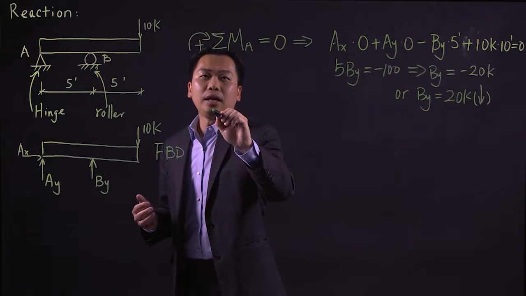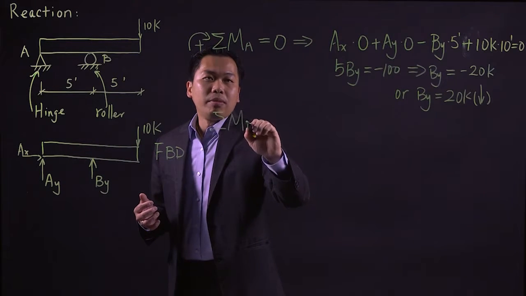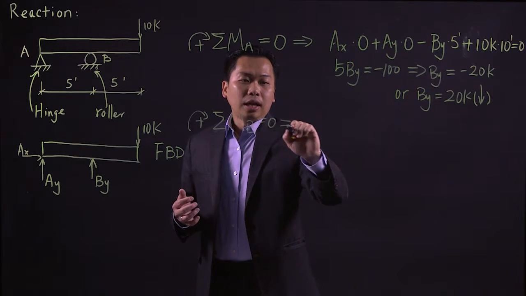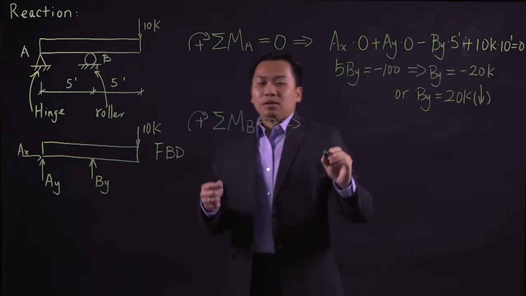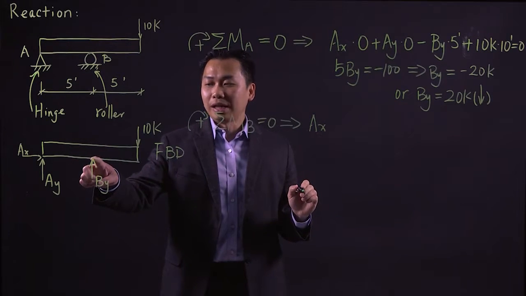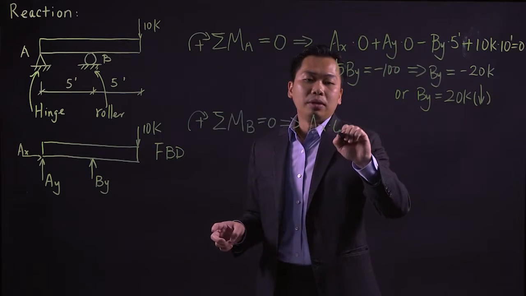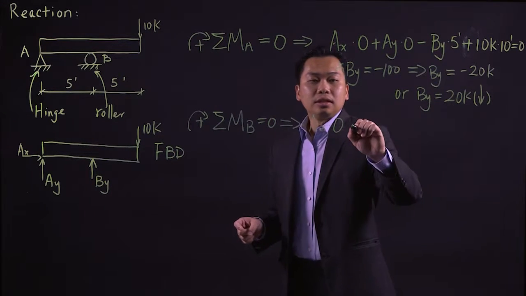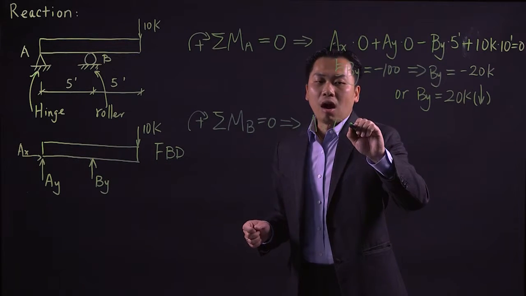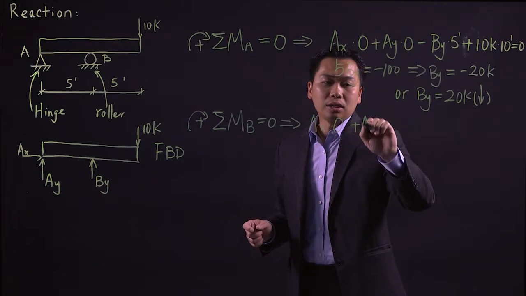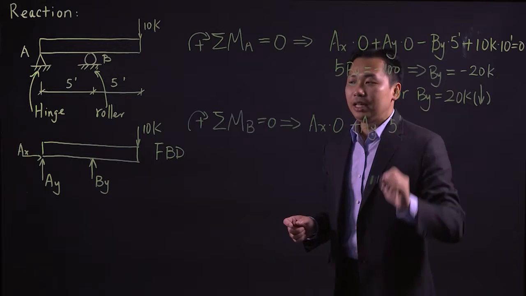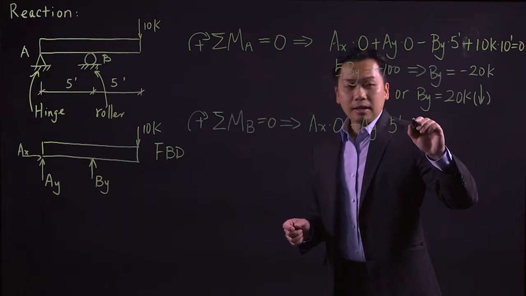We can do the same thing to take the moment at point B, using clockwise as positive direction. Ax is passing through the point we're taking the moment, therefore the moment arm is going to be 0. For the Ay, if we're taking the moment at point B, it's going to create a clockwise moment, therefore it's going to be positive. The moment arm for Ay is going to be 5 feet.